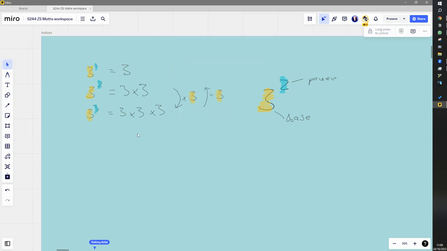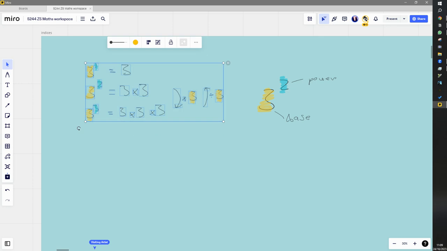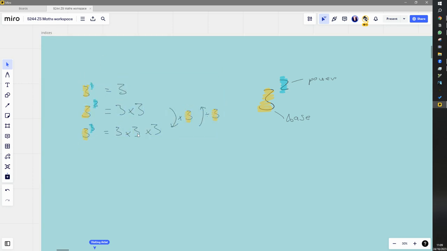Okay. So we can now use that to imagine what 3 to the power of 0 would be. Well, I'm just going to keep dividing by 3. 3 divided by 3 is 1. And in fact, that's going to be the same whatever the base is: if I divide the base by itself, it's 1.